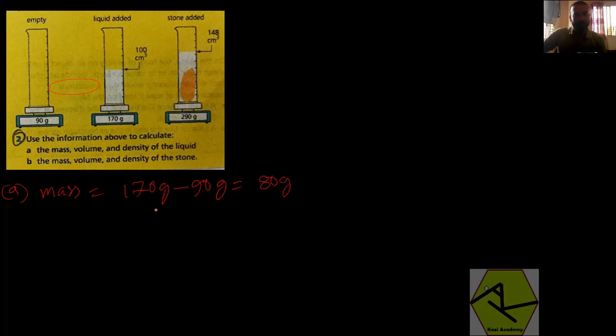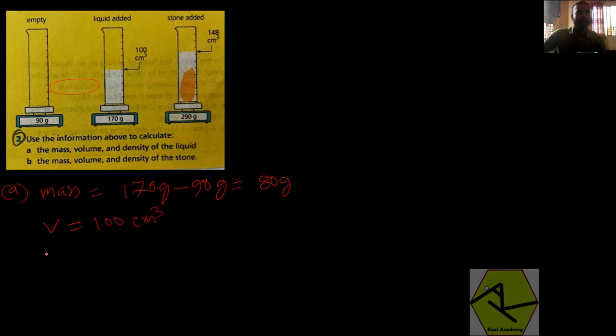Then volume, from the zero position after pouring the liquid, we get 100 cubic centimeter. This is the volume, 100 cubic centimeter.